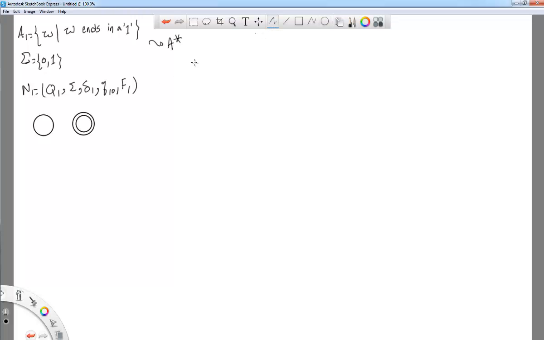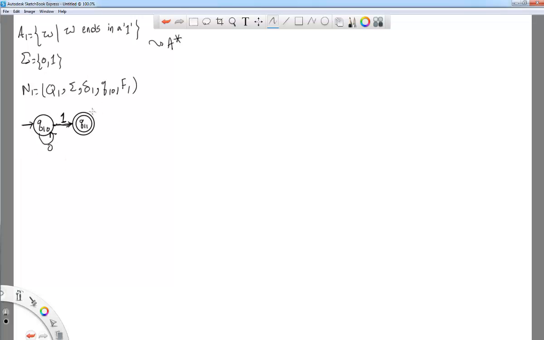If your machine sees a 1 as the last element, it's going to accept it, and if it sees a 0, it's going to return back to the start state. This is q1 sub 0 and this is q1 sub 1. So q1 sub 0 is your start state, and q1 sub 1 is your accept state.